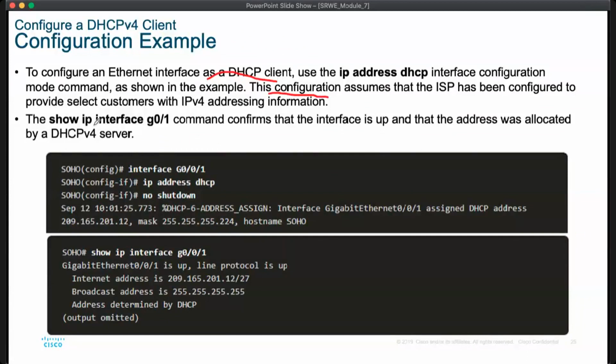The show ip interface G0/1 command confirms that the interface is up and the address was allocated by a DHCPv4 server. So this is the example of the configuration, and this is the verification command.